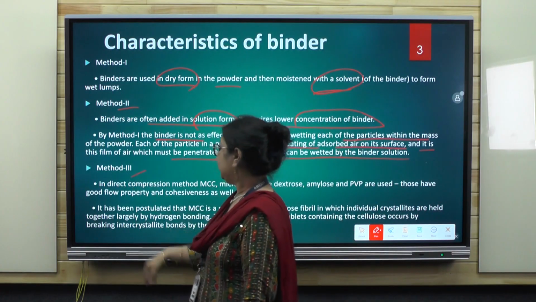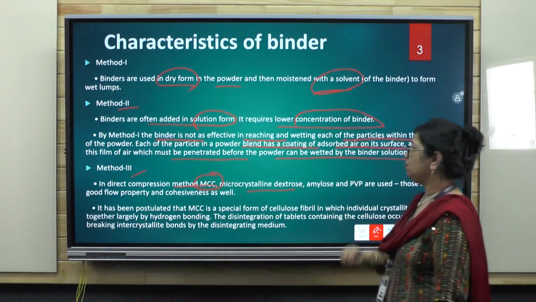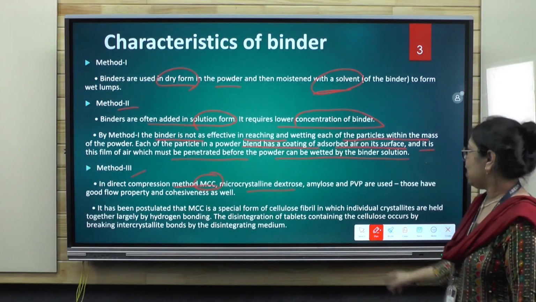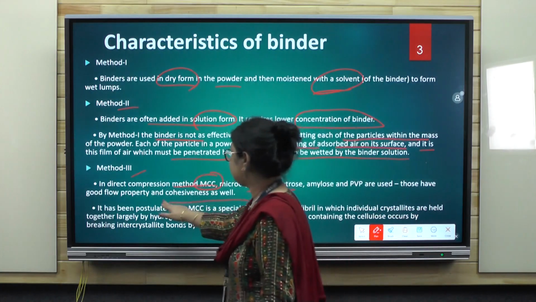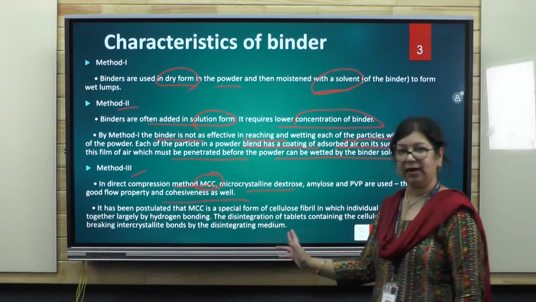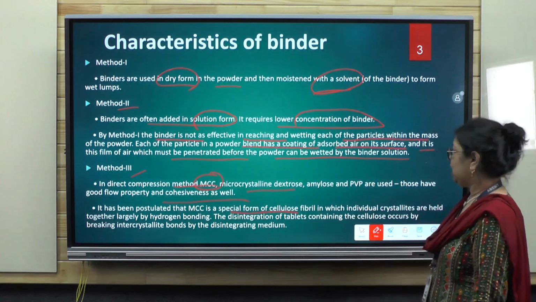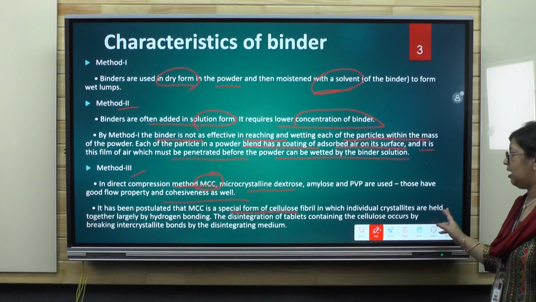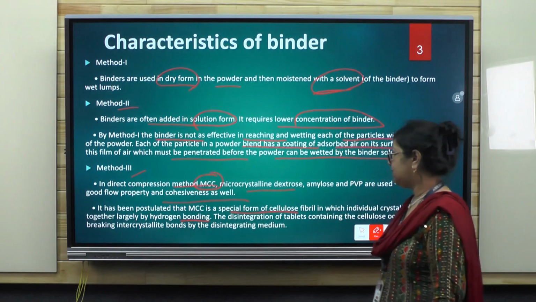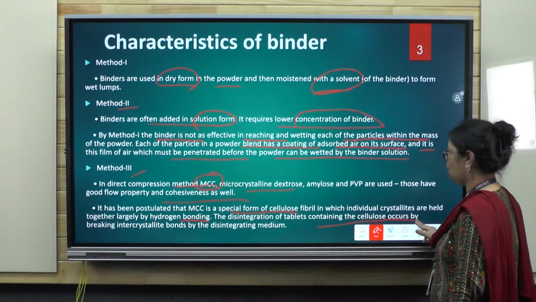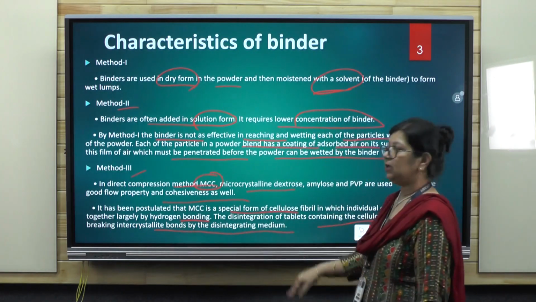And method 3, in direct compression method, MCC, microcrystalline cellulose or microcrystalline dextrose, amylose and PVP are used, and these have good flow property and cohesiveness as well. It has been postulated that MCC is a special form of cellulose fibril in which individual crystallites are held together largely by hydrogen bonding, and the disintegration of tablet containing cellulose occurs by breaking intercrystalline bonds by the disintegrating medium.